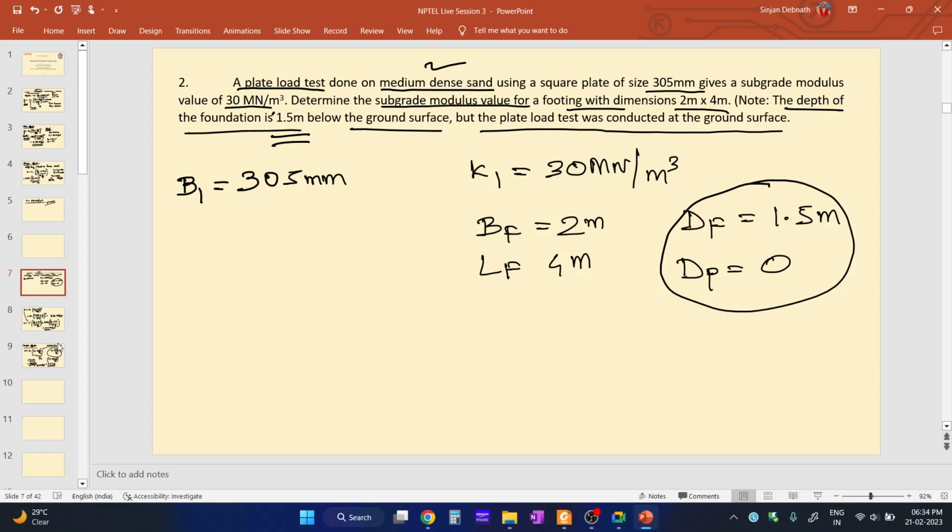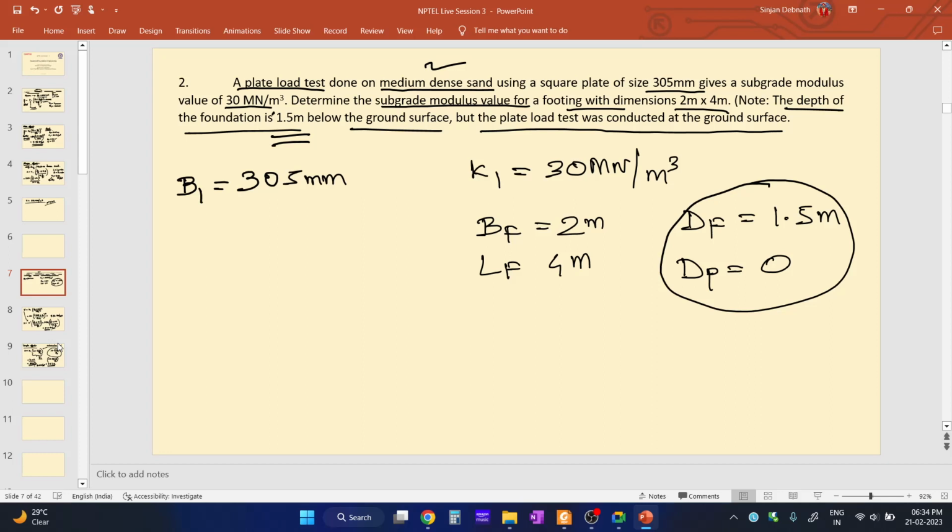The k1 was 30 for the square plate of 305 millimeter by 305 millimeter. Understand this very clearly, this is a very important thing. The k1 value that we considered in the first place was found out using a plate having size 305 millimeter by 305 millimeter.